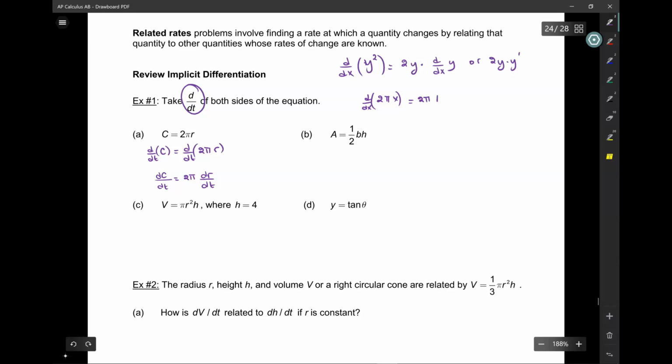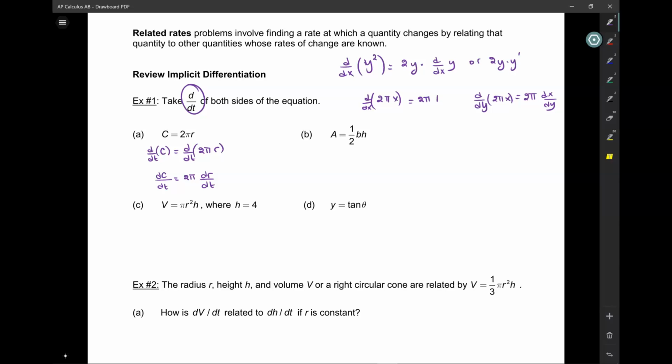But now, if it's d/dy of 2 pi x, now it's 2 pi times the derivative of x with respect to y, which is dx/dy. For all of them, it says to take d/dt. The only time you would not make it dr is if these two variables are the same. If it was d/dt of t, then it would be 1. It's just weird. It is weird. I know. That's related rates.